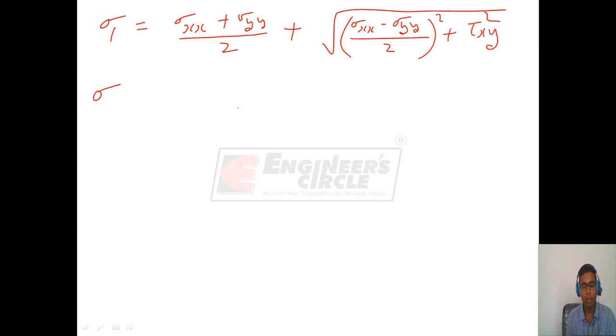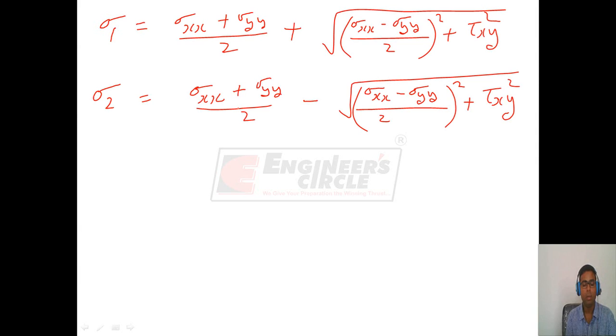So I will write sigma 1 we are getting as sigma xx plus sigma yy by 2 and sigma 2 as, so this is the maximum value of normal stress and this is the minimum value of normal stress. We have learned that the maximum and minimum value of normal stress at a point are principal stresses. So this sigma 1 and sigma 2 are principal stresses at a point.